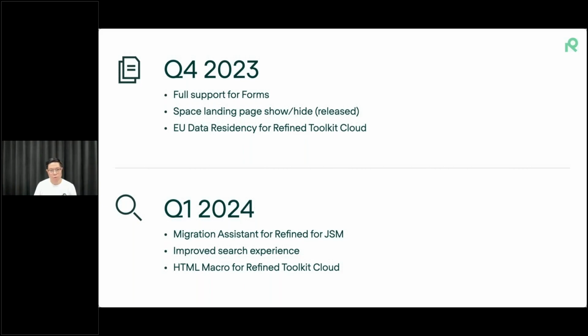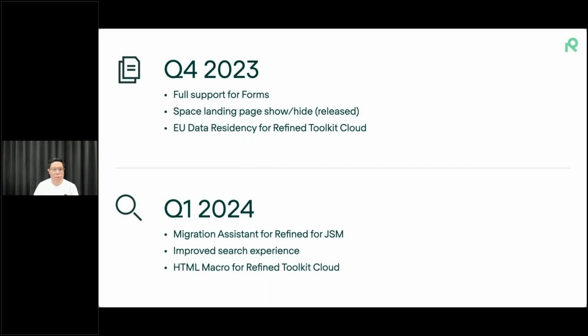And in that quarter, we're also going to be working on improving the search experience. So what that means is that there will be more options to customize the search dialog so that you can help your users find what they're looking for more quickly. And we're also working on a new HTML macro for Refined Toolkit Cloud that will be available in Q1.